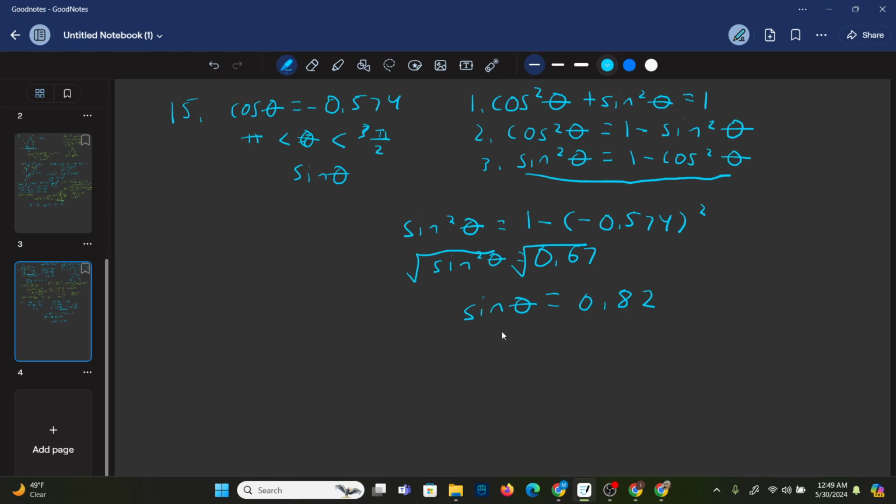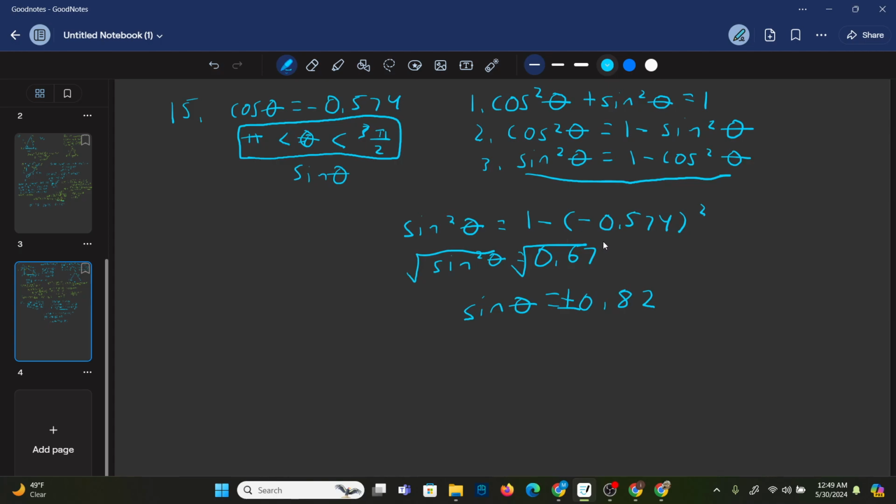For the next, oh wait, that's not it. So we need to look at this part. And I also forgot something. Remember that when you take the square root, there is a plus or minus, right?